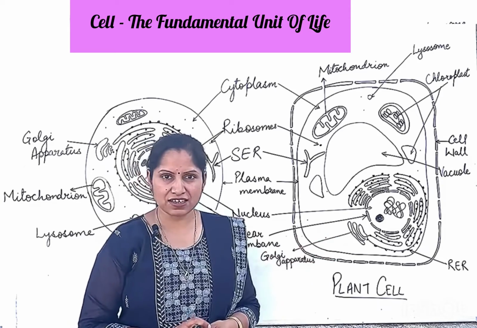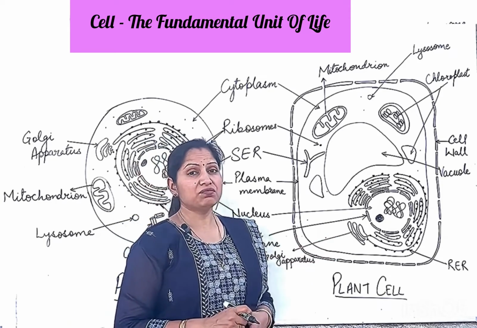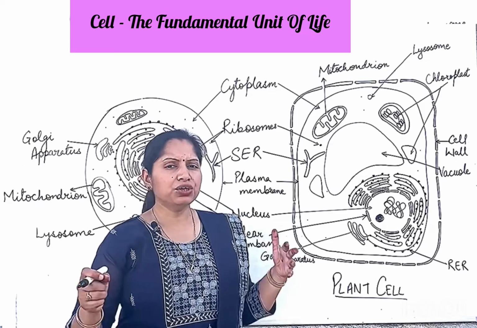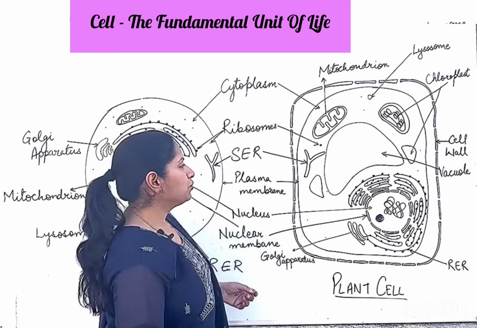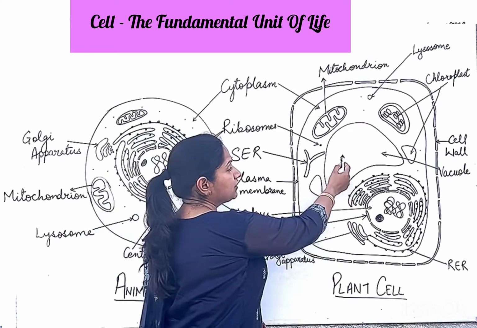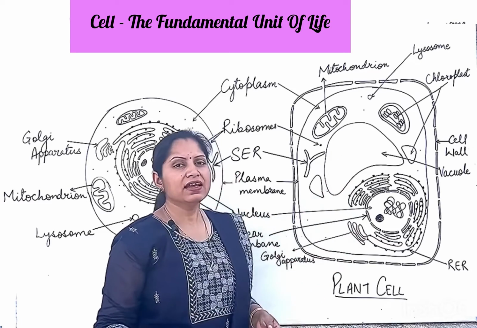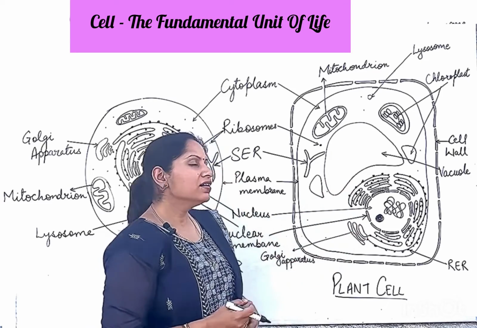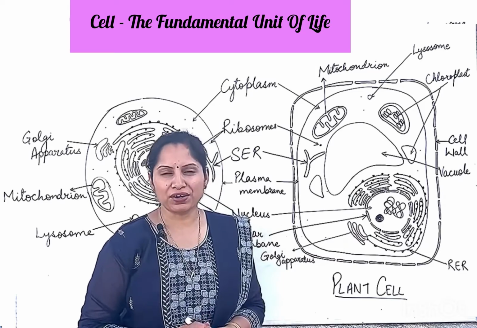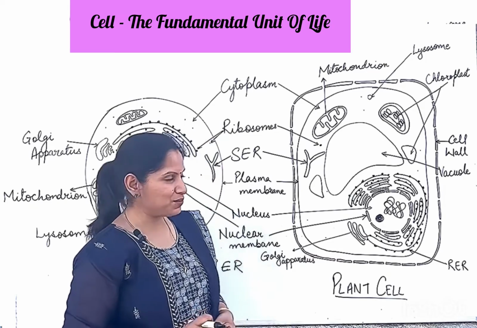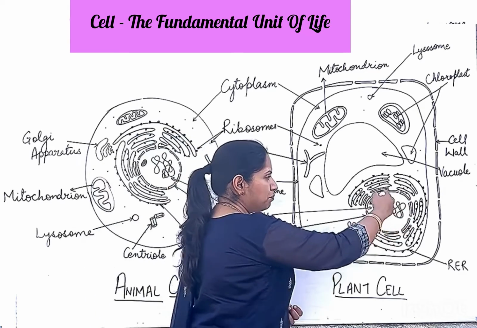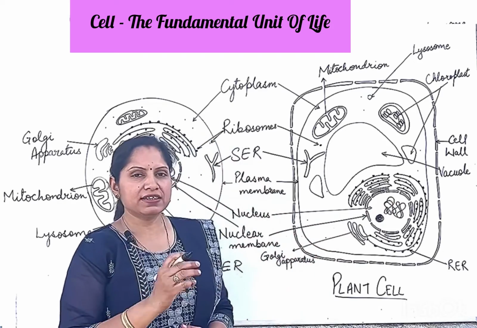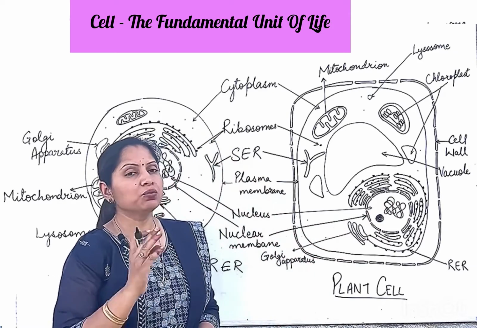It's not at the center, because in a plant cell there is a huge structure known as the vacuole. This vacuole is so big that it has pushed the nucleus to one end of the plant cell.